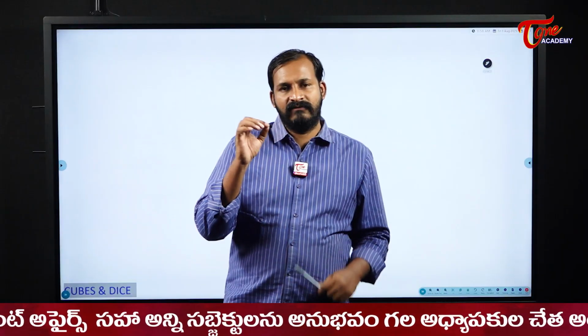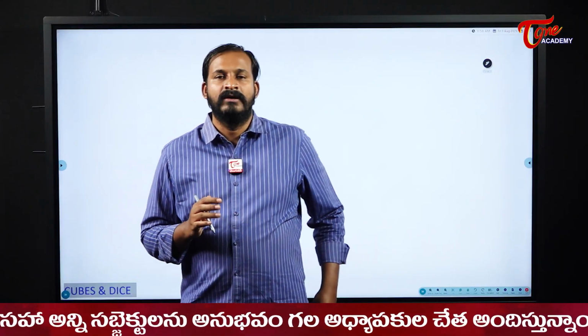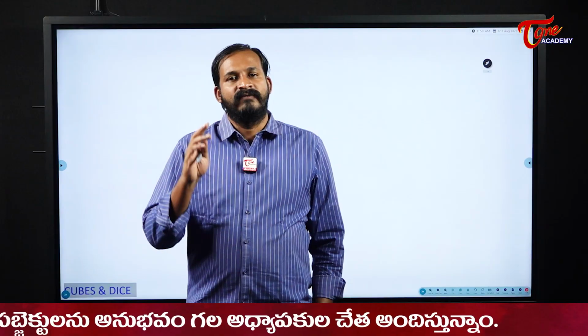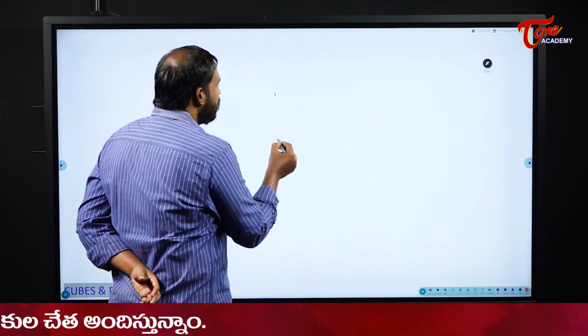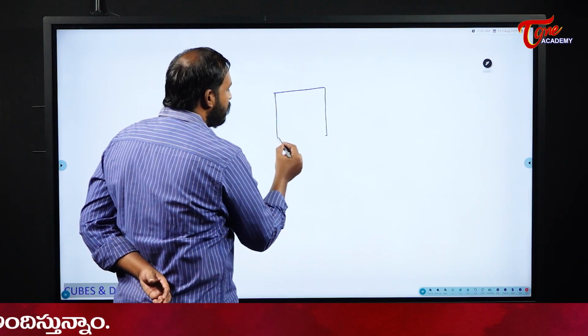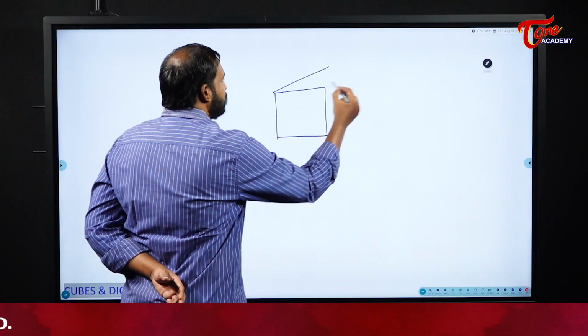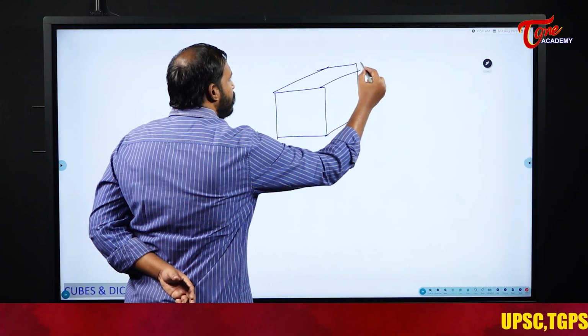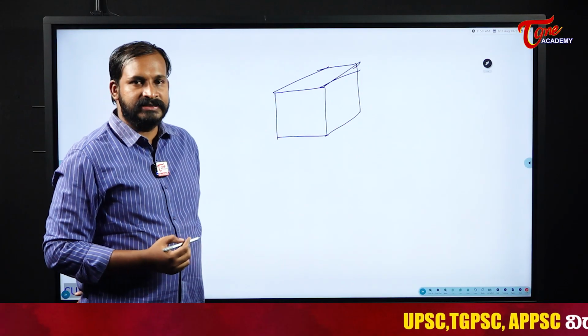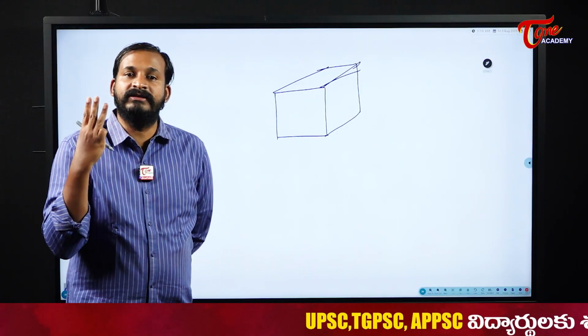Now see here, students, here we require a little bit of visualization. When you see a dice in a cross-section manner, you can see only 3 faces of the dice. Generally when you see a dice, it looks like this. So at once you can see only 3 faces.